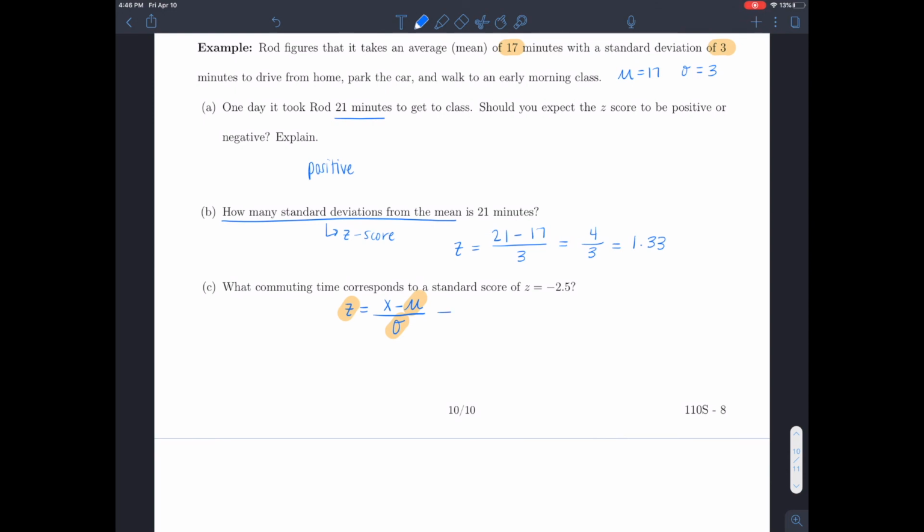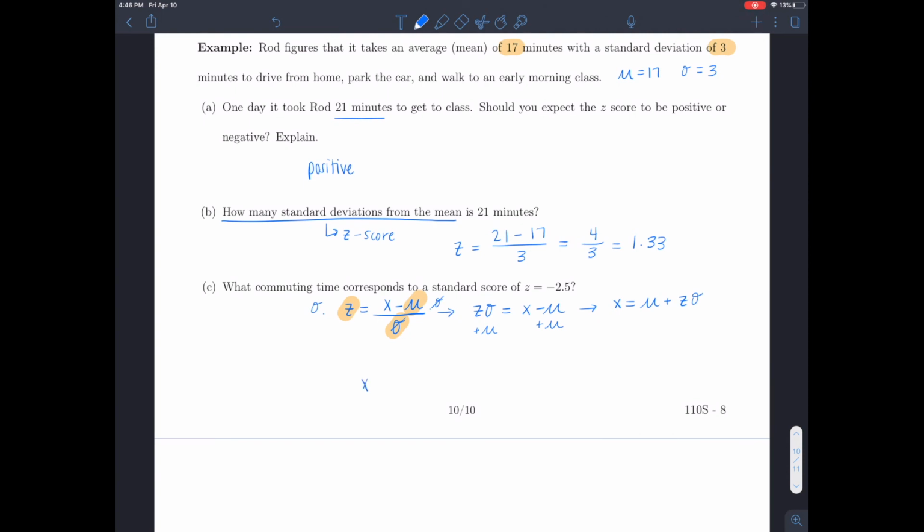So to solve this equation for x, you're going to first multiply both sides by sigma. Here they cancel, and so you have z times sigma is equal to x minus mu, and then you just add mu to both sides. And so you get that x is equal to mu plus z times sigma.